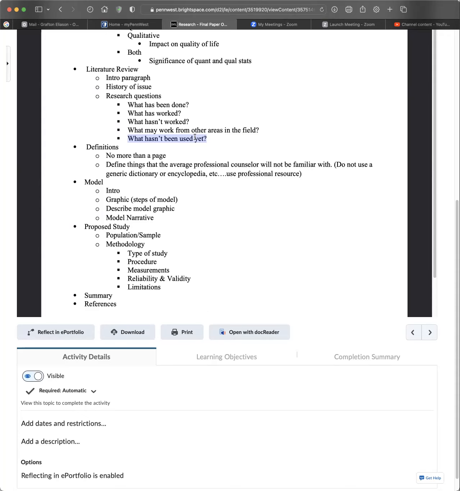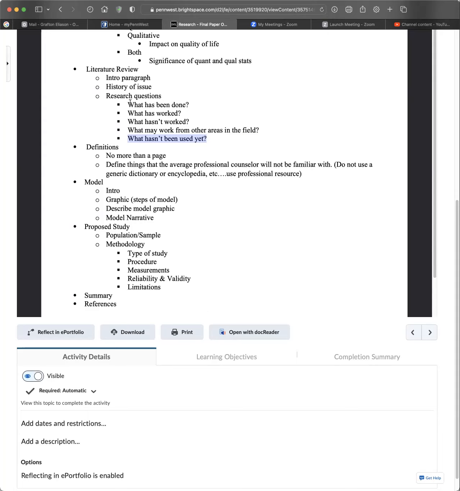Okay, so that's the really creative part. That's the part I like. So the biggest parts are what has been done and what has worked. The creative part is what hasn't been used yet, what you'd like to add. There might be a little something you could add from other fields, and what hasn't worked is going to be the most difficult to find.